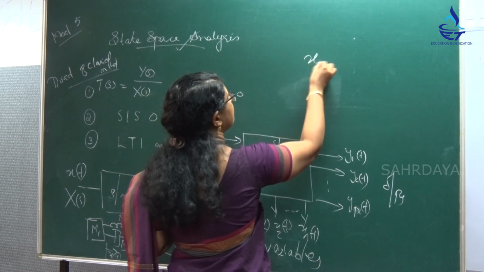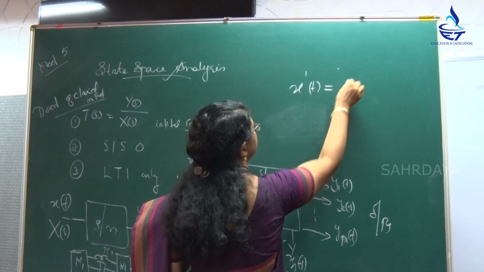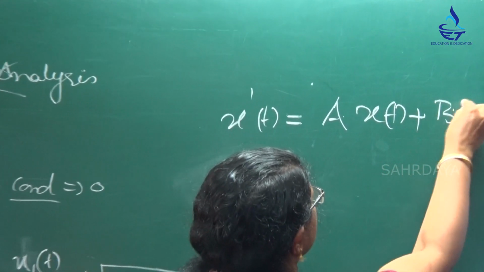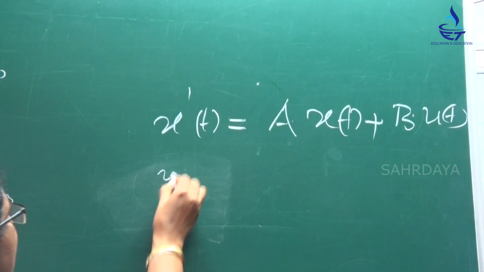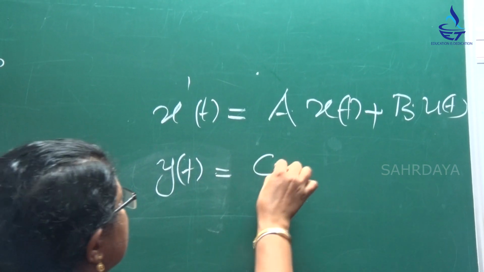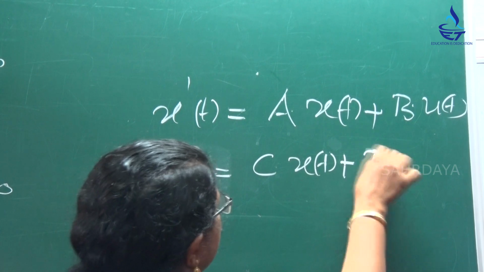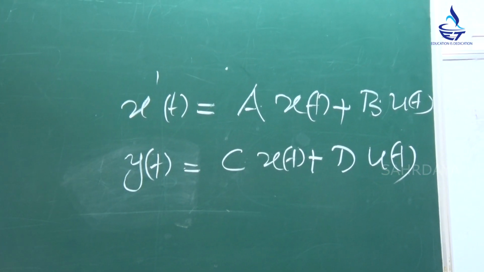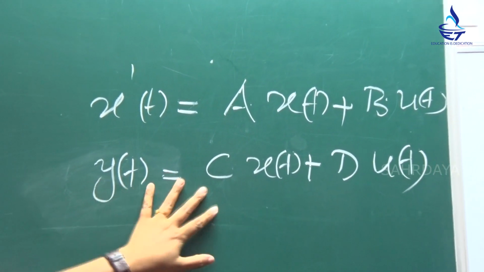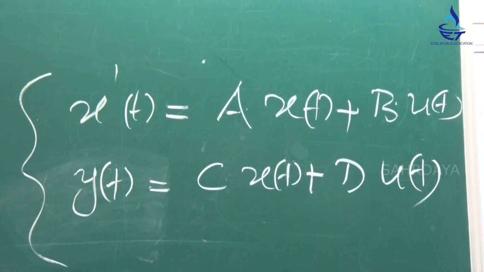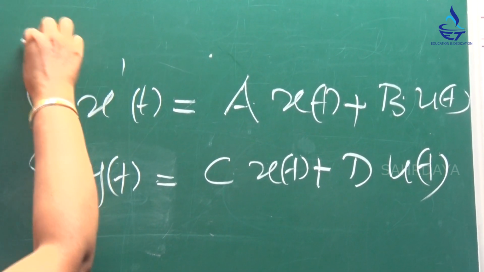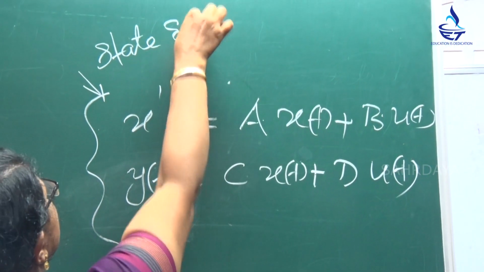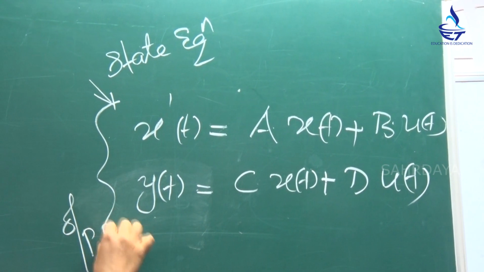representation. So it's like x dash of t is equal to A into x of t plus B into u of t, and y of t is equal to C into x of t plus D into u of t. So in transfer function approach, you have a single equation, output by input equation, but in state space equation, you will have a combination of two equations, and this first equation is called state equation, and the second equation is called output equation.